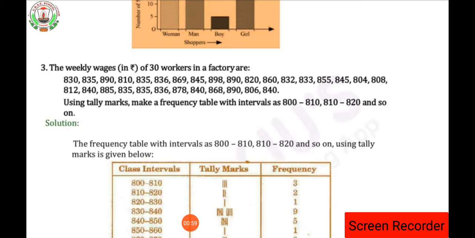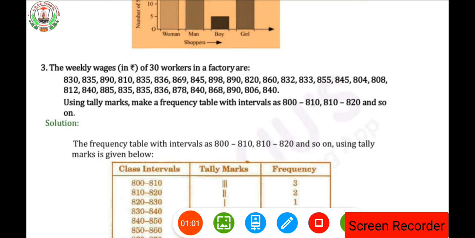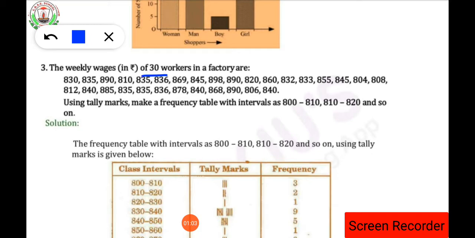This is the wages of 30 workers. Remember students, these data are known as raw data, and the total number of workers is 30. So these are the data for the 30 workers.